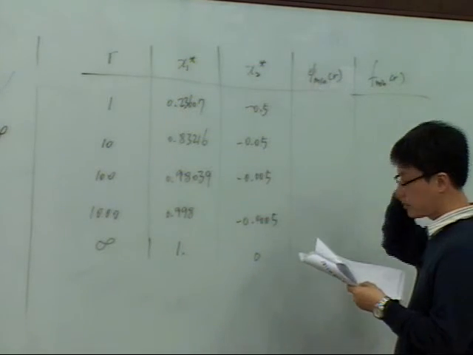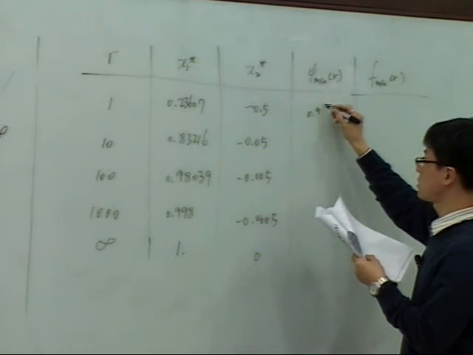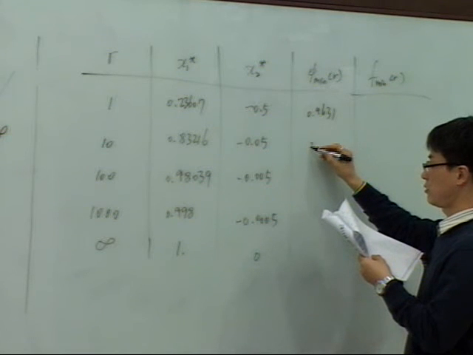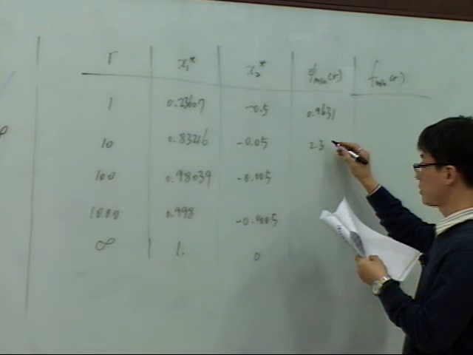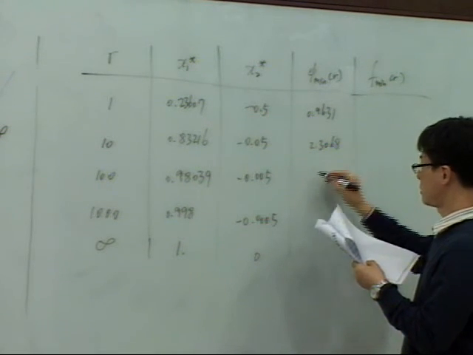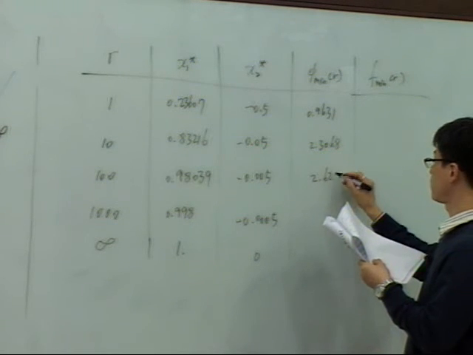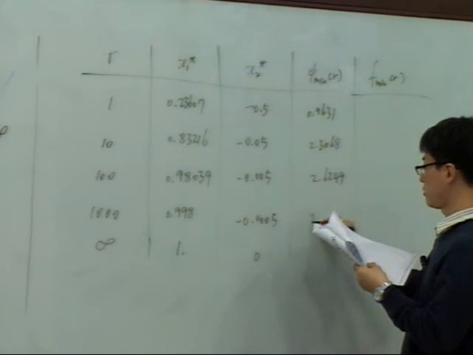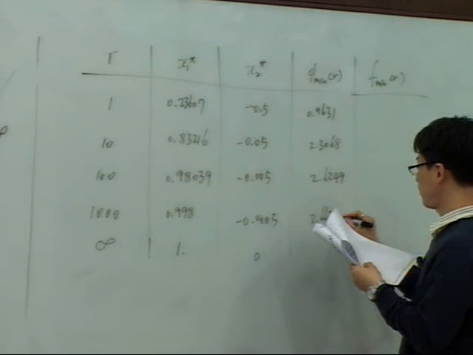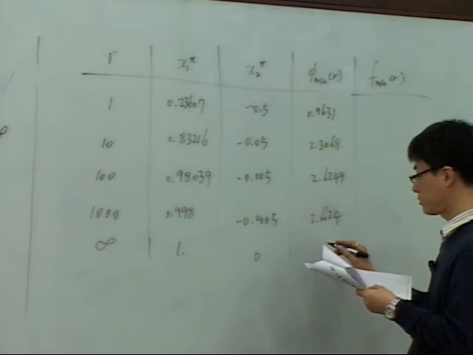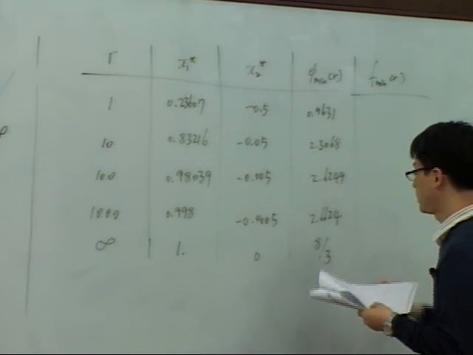And phi value is 0.9631, 2.3068, 2.6249, 2.6624, and the exact value is 8/3.